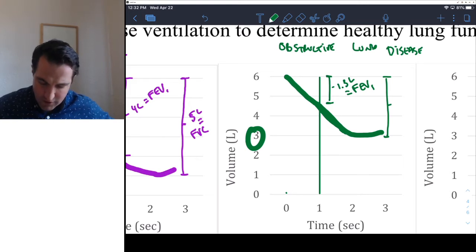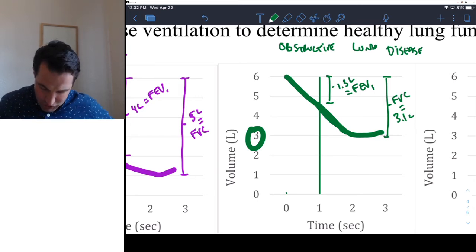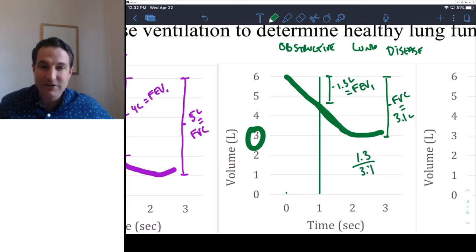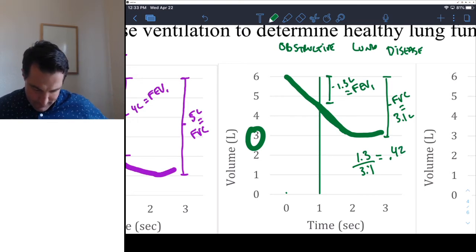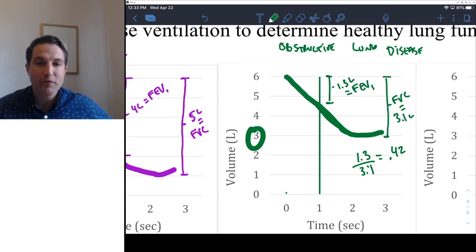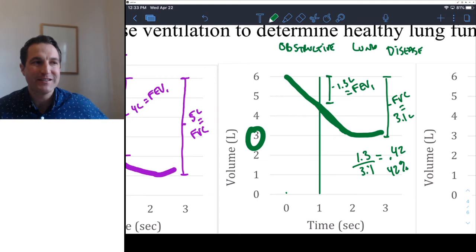So their total volume, their FVC, equals about 3.1 liters. So they get 3.1 liters out. Well, now if we do our ratio once again, 1.3 over 3.1 liters, that's going to give us a ratio of about 0.42. Okay? Yep, that looks about right. 0.42, so only 42% of their total FVC was exhaled in that first second.